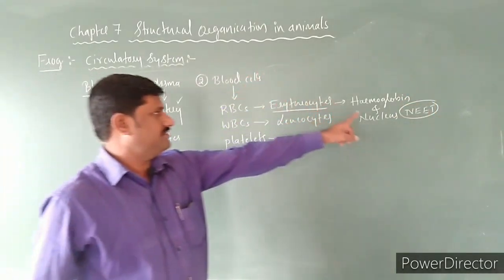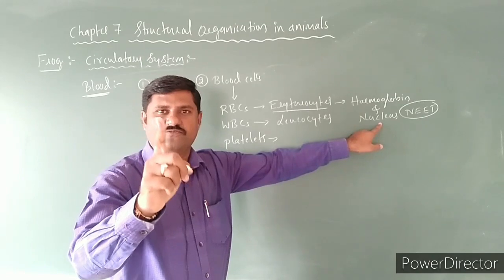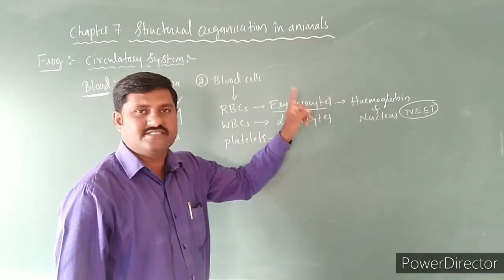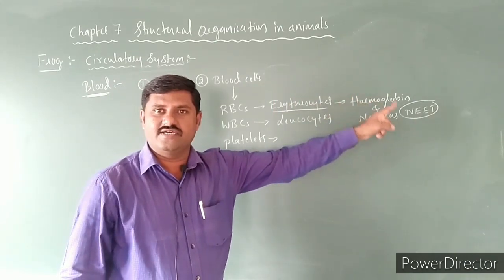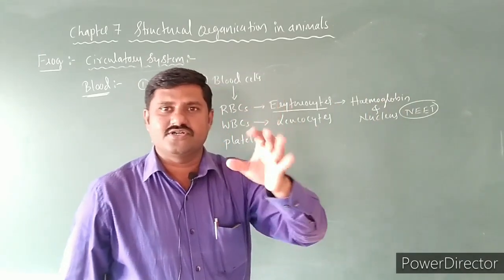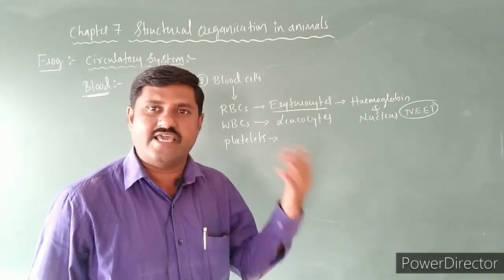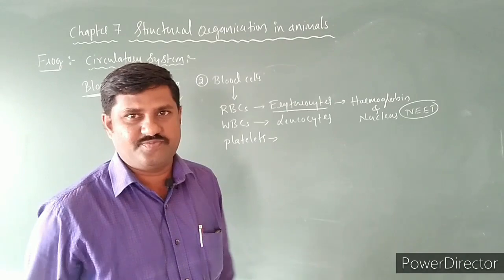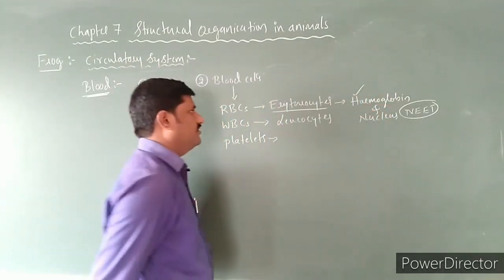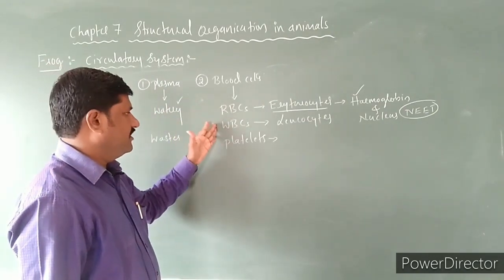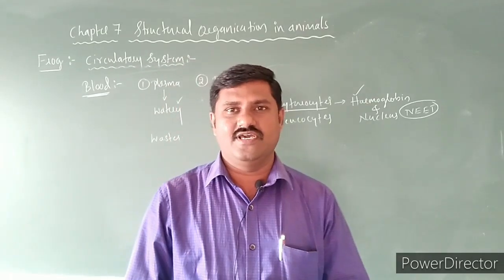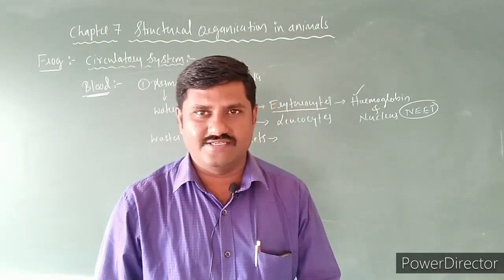In vertebrates, erythrocytes are enucleated cells, but here they are nucleated cells, and hemoglobin is red in color, which helps in carrying the respiratory gases. RBCs, WBCs as well as platelets are present here as blood cells, right?